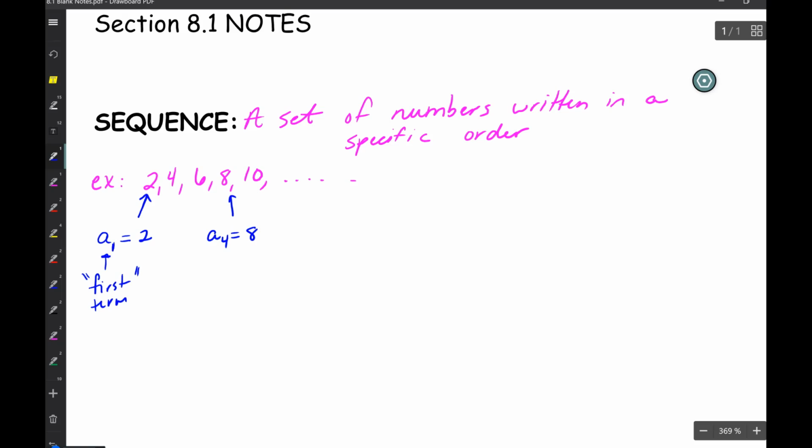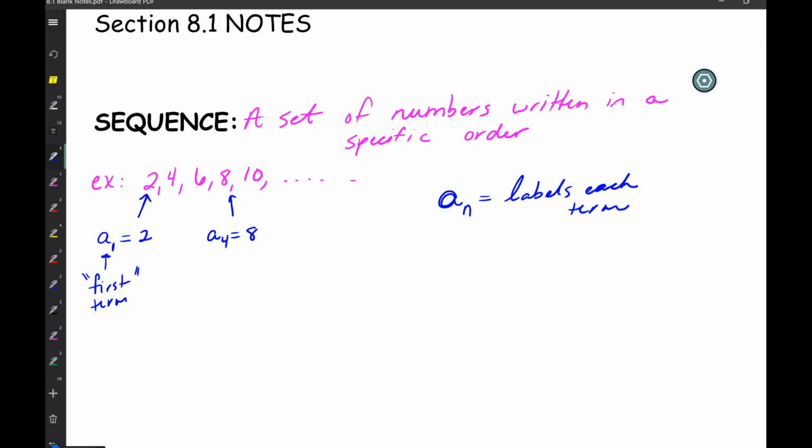So if you see an A sub n, n corresponds to the number of the term. Let's put that this labels each term. And then our ultimate goal is going to be to find the formula that would exist for each term.